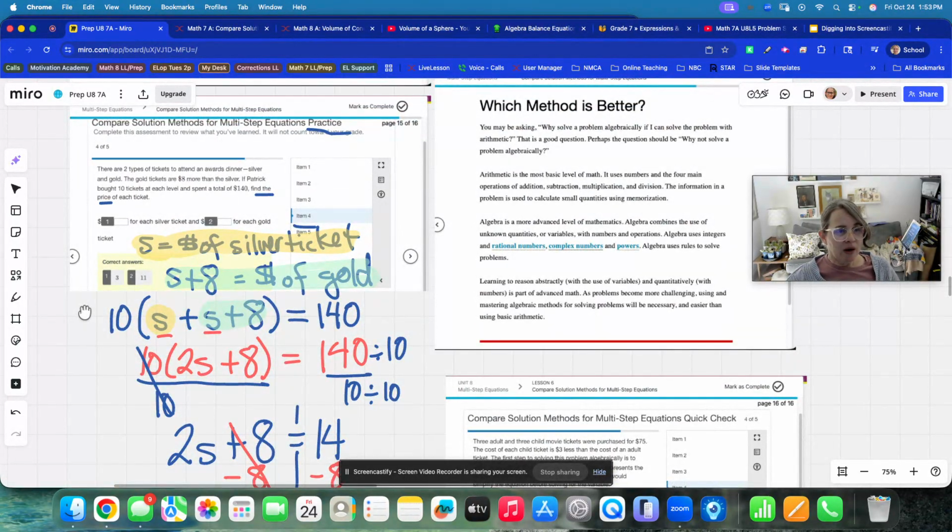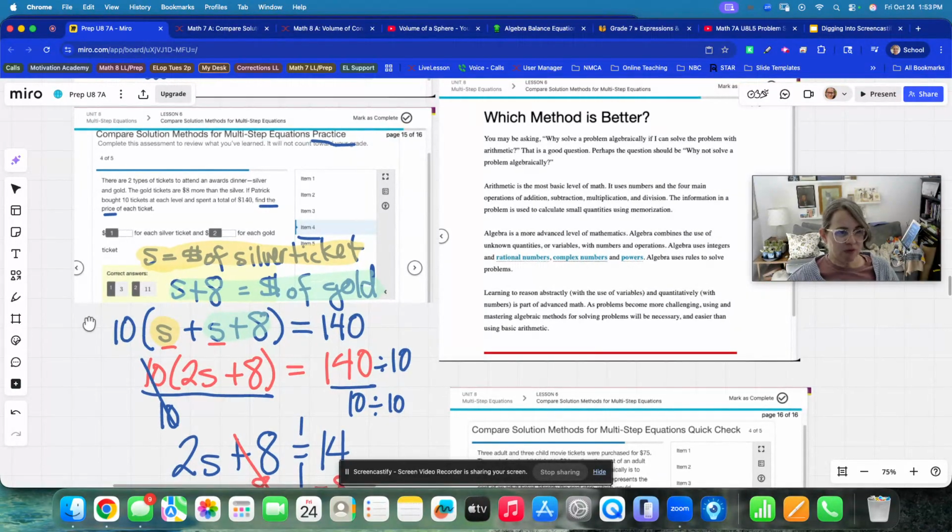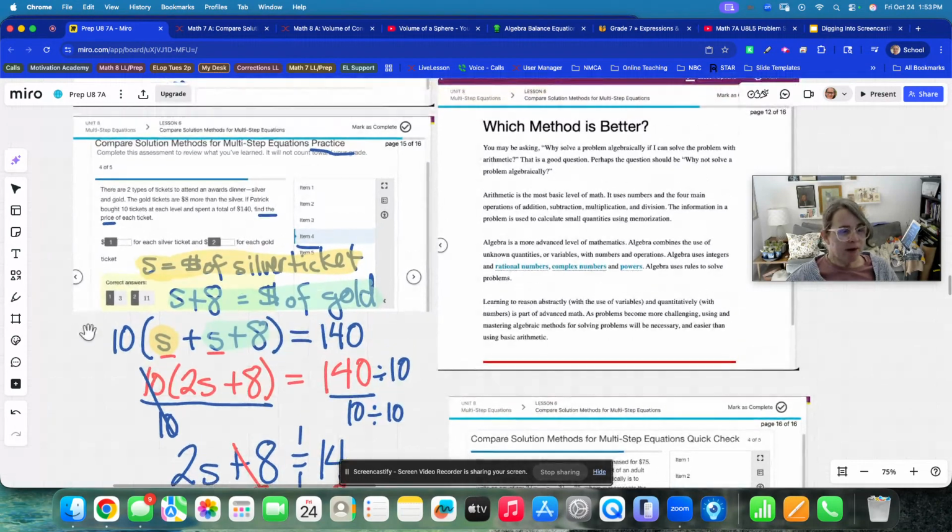Okay. How can we solve that one without algebra? Well, maybe I would have said, oh, that 140 was for 10 tickets, so I'll divide by 10, or 10 bundles of tickets, right?